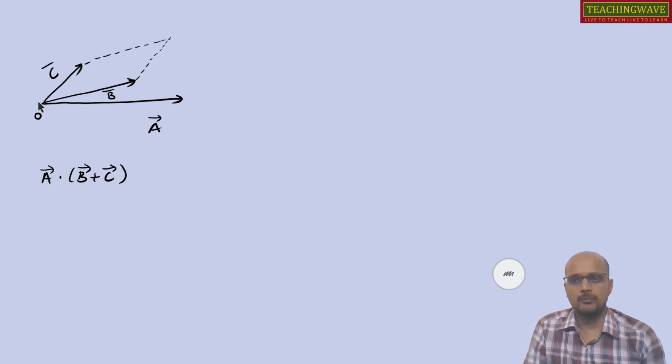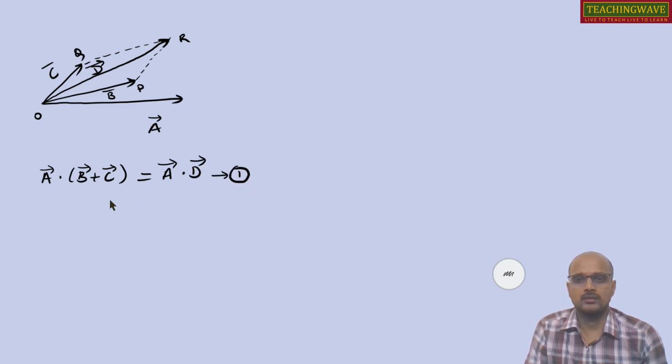We get the parallelogram O, P, R, Q. Here the diagonal OR represents b bar plus c bar, and we call this new vector d bar. That means the diagonal of the parallelogram gives the resultant of the two vectors. So we can write a bar dot d bar. Let us treat this as equation 1.